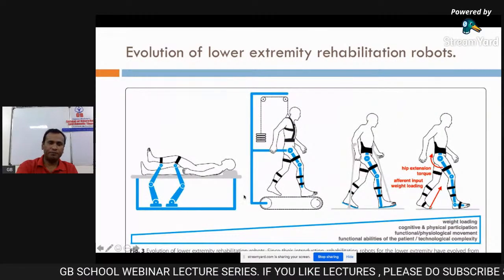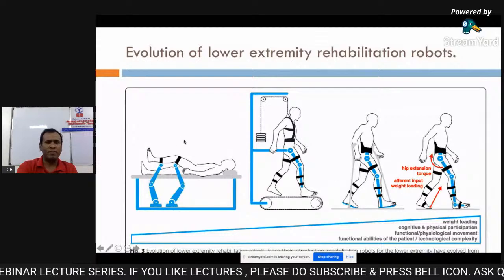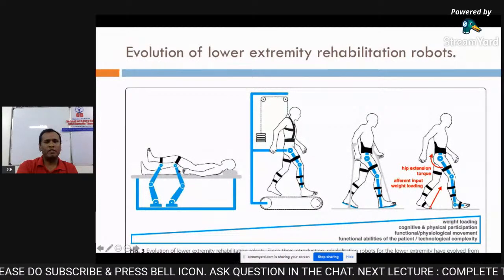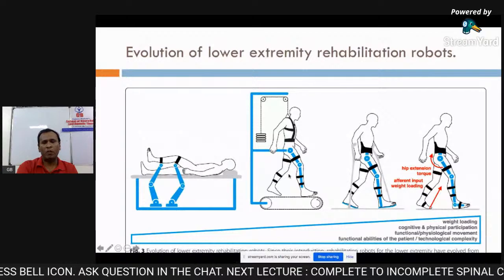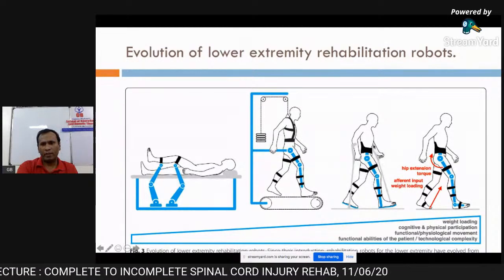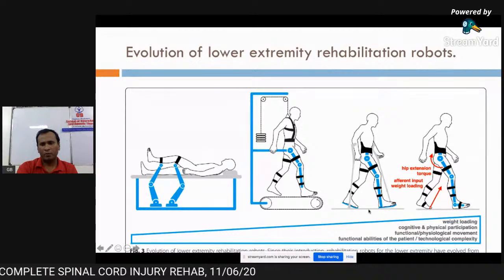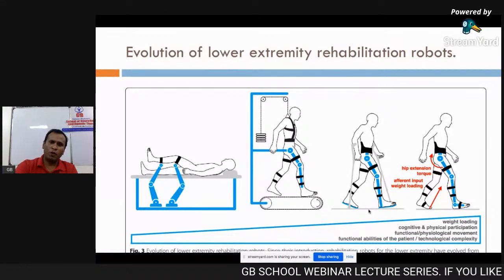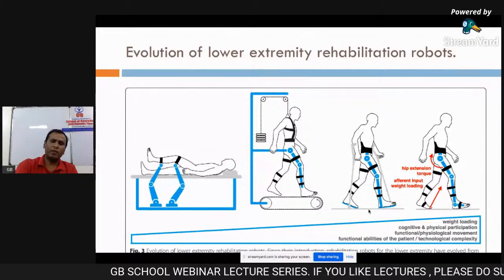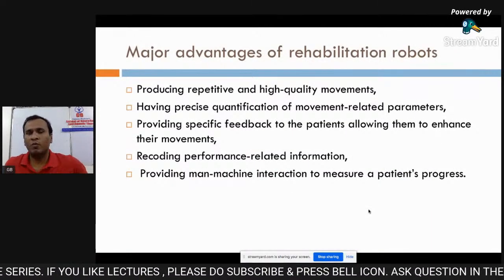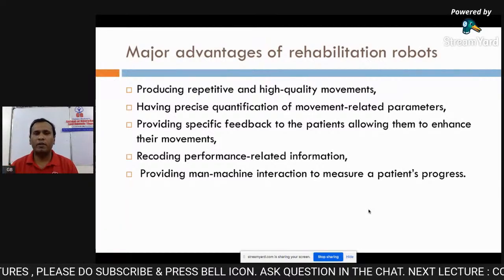In the lower limb, there were hip and knee flexion CPM-type movements in the beginning. Then this shifted to body weight supported treadmill training, where the robot helps you to step. Now the exoskeleton is coming into the picture. The exoskeleton by itself helps you with ambulation and gives you more repetition. So this is how robots are evolving to give more repetition without getting tired.